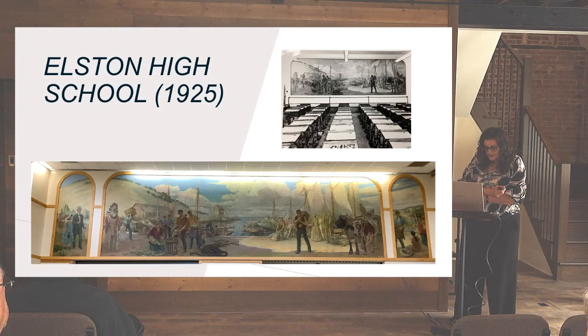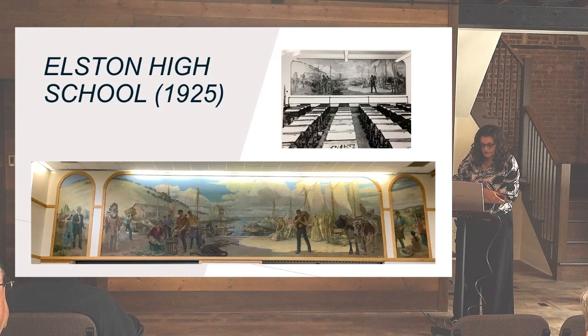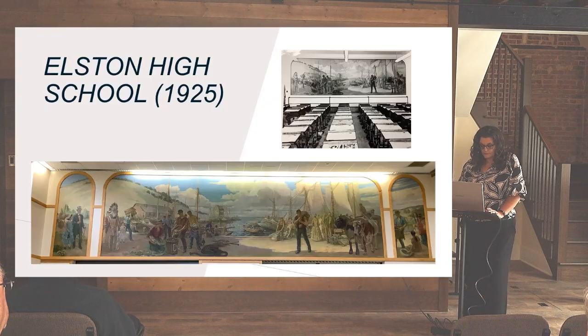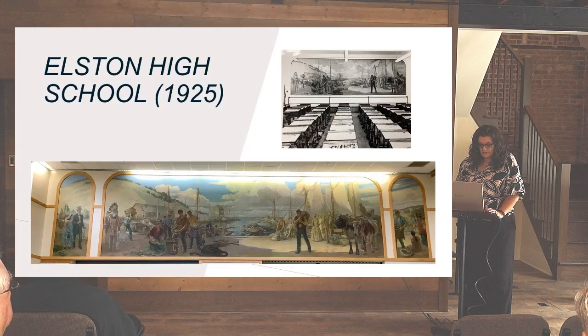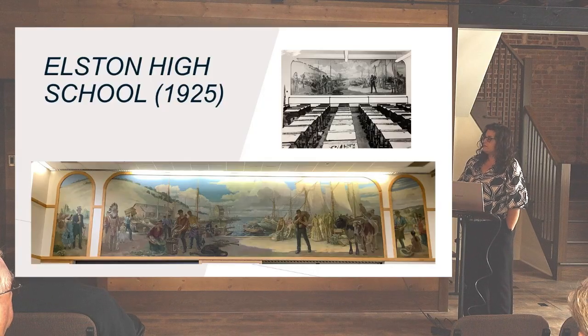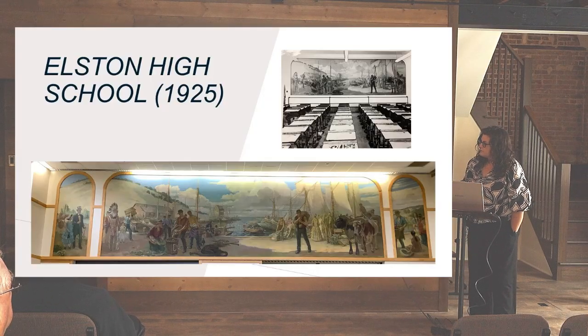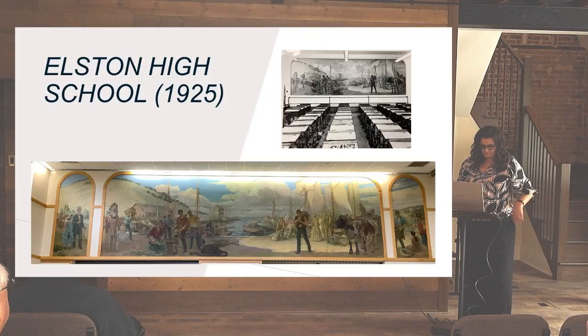It was rehung in 1984 above the north entrance of the Elston Performing Arts Building, which is now known as the Holcraft Performing Arts Center. And then in 2004, the mural was once again relocated and now graces the Detroit Street entrance at the Elston Building, which is what you see now.